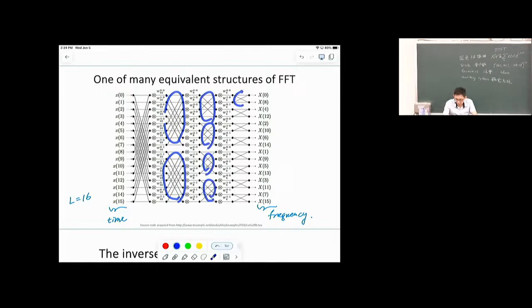And then in the last stage, it seems that we have crossing like that. So that's the first thing to notice: we have crossings.